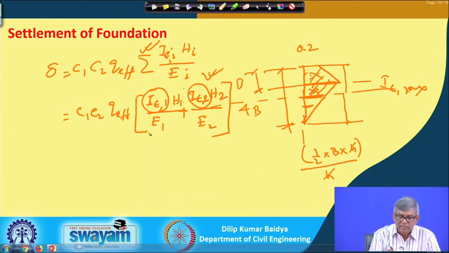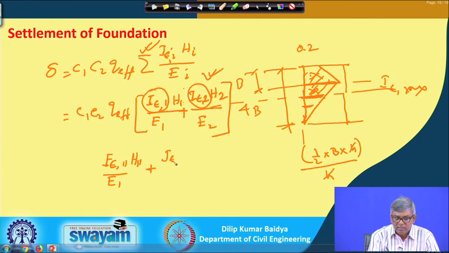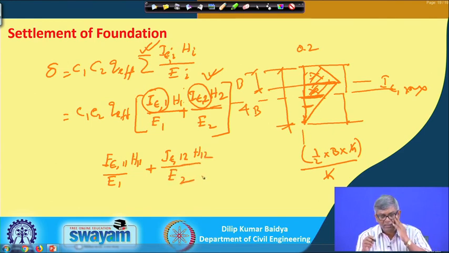So, I can write for the first part IE 11 divided by E 1 multiplied by H 11 plus IE 12 multiplied by H 12 divided by E 1, because it is the same layer. So, I will find out IE 11 and IE 12. That means, I have to find out the average I from here and the average I from here.